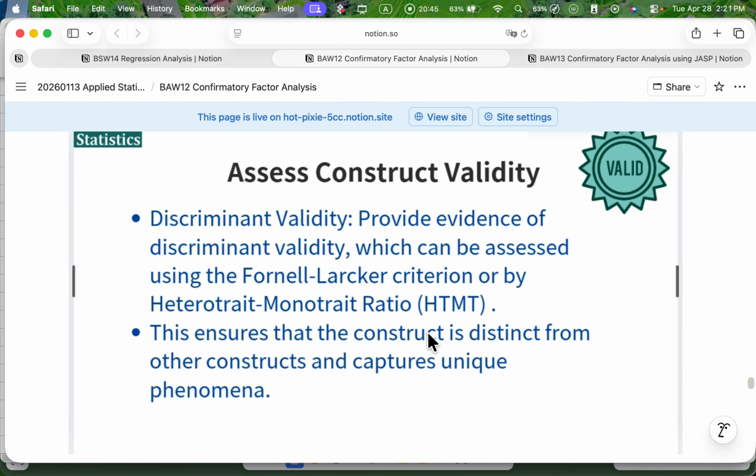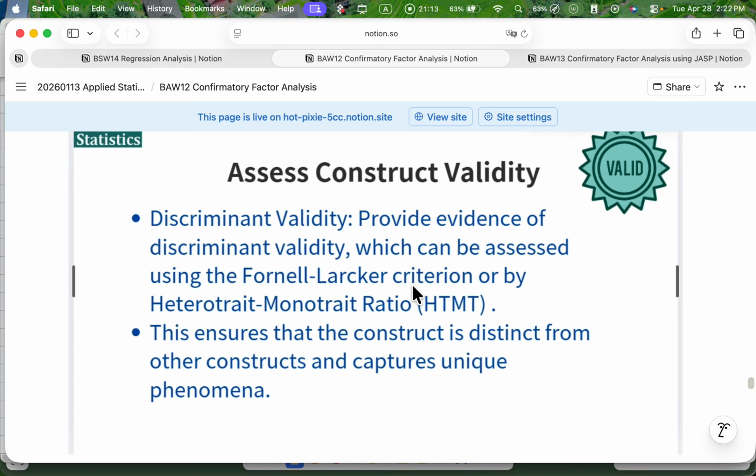And then we move to the next one, called discriminant validity. We have two ways. One way is called the Fornell-Larcker criterion. Fornell and Larcker are researchers; we'll explain that later.